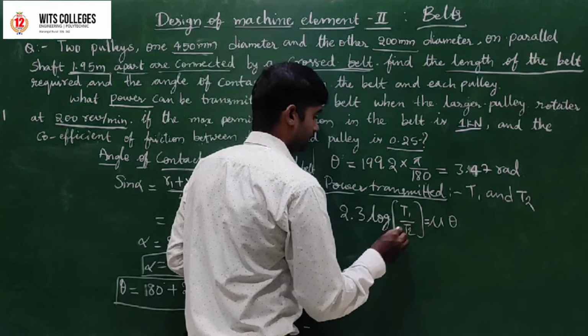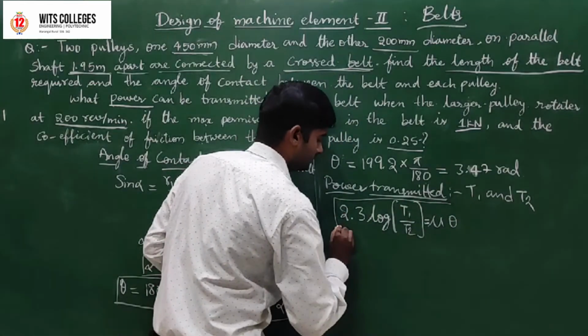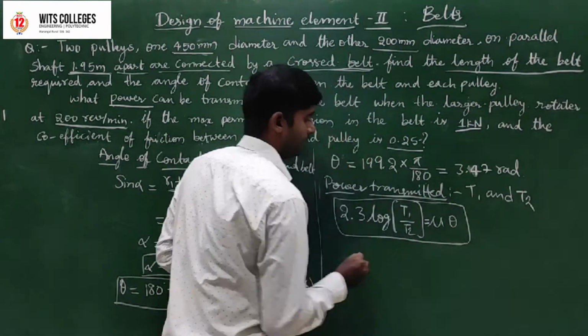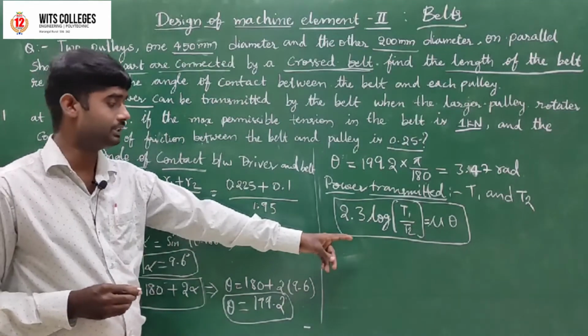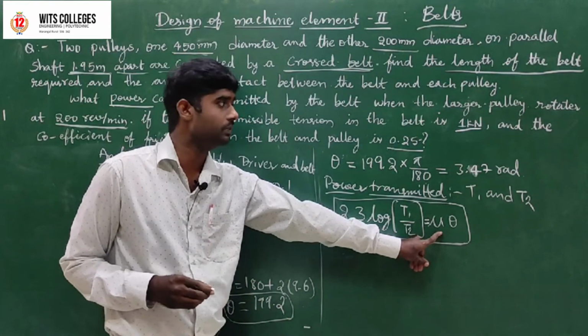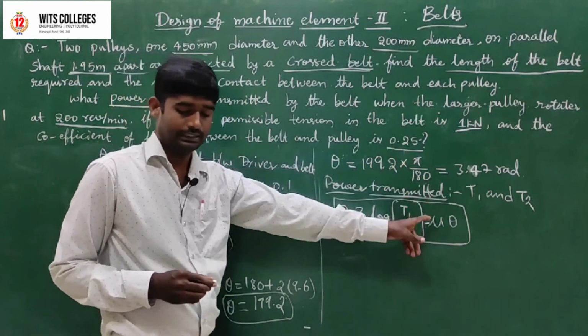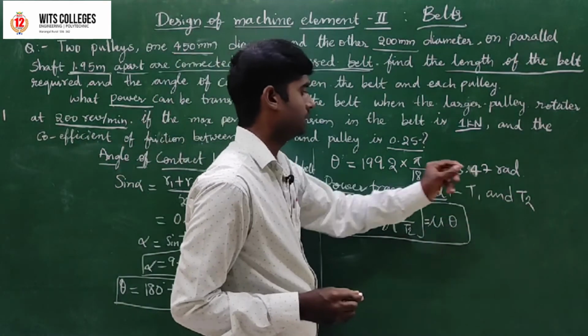In this formula, mu is 0.25 and theta is 3.47.